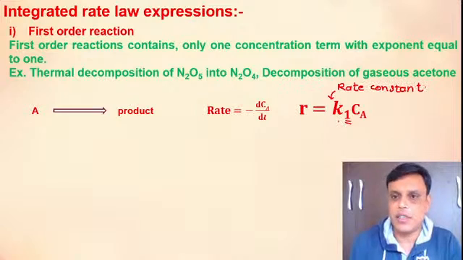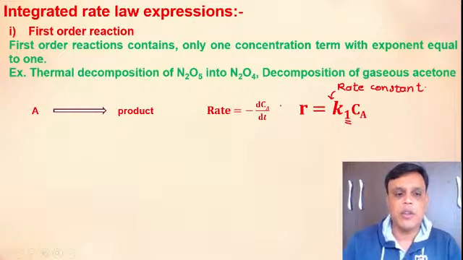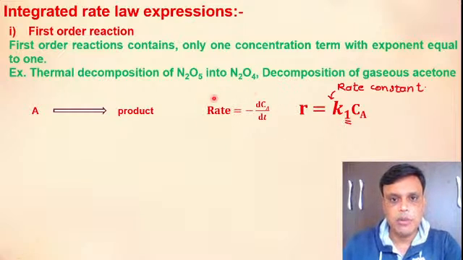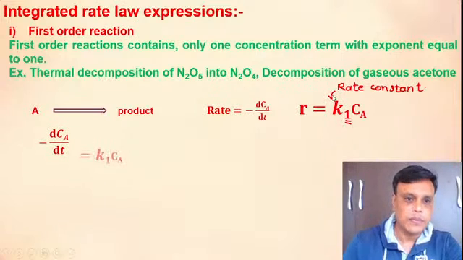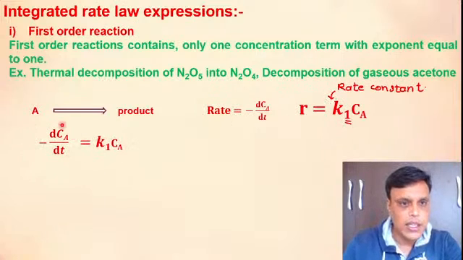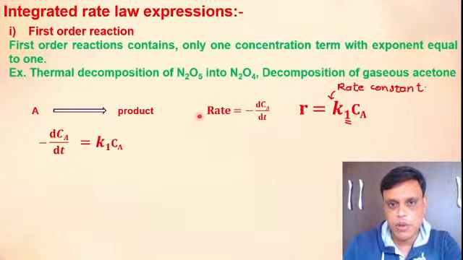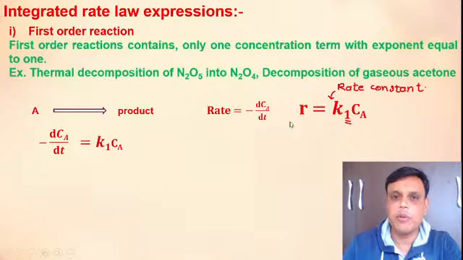If we equate both equations, you can write minus dCA by dt is equal to K1 CA, because the rate is denoted by small r.